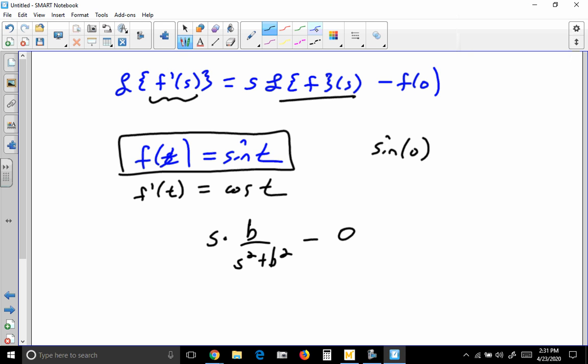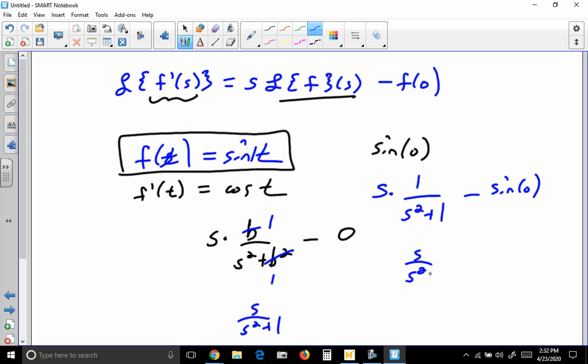For our particular function, b is 1. We have 1 there, 1 there. So the transformation of cosine, which is the derivative of sine, is just s over s squared plus 1. The transformation of sine is 1 over s squared plus 1. The transformation of cosine is s times that, minus sine of 0. So s over s squared plus 1 minus 0, so that part goes away. So yes, that is correct.